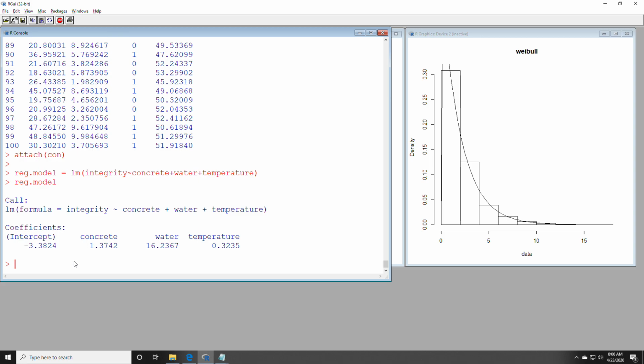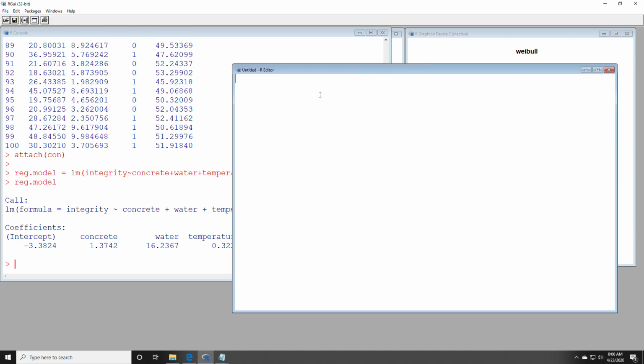So right here, this is my fitted regression model. We basically have y hat, which are the estimated integrity scores for our concrete, equal to the intercept, negative 3.4. I'll just be rounding to make it look cleaner. Negative 3.4 plus 1.4 times the width or the depth of the concrete plus 16.2 times water.